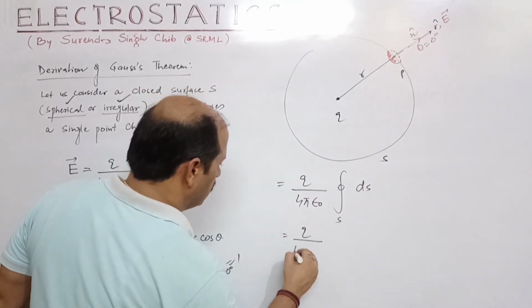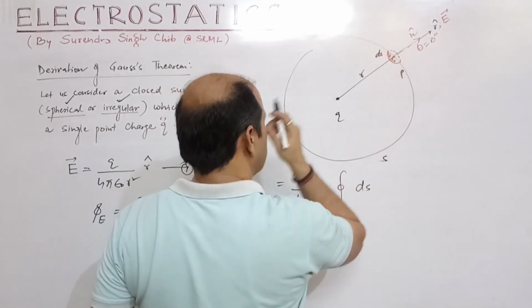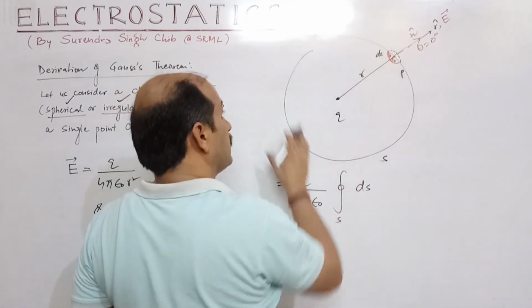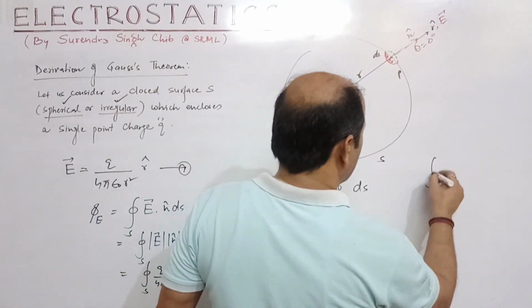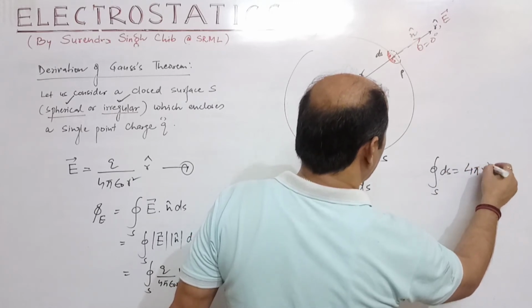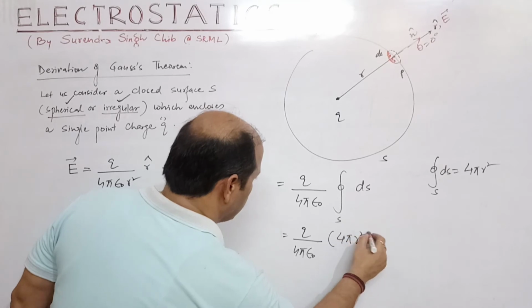It's q upon 4 pi epsilon naught. If it is ds, and you integrate it, what do we get? The surface area of the sphere. What is the surface area of a sphere? 4 pi r square. So we'll write it here, 4 pi r square.